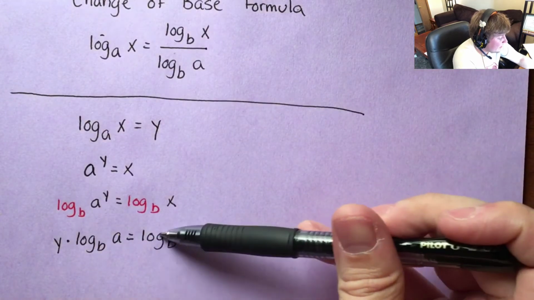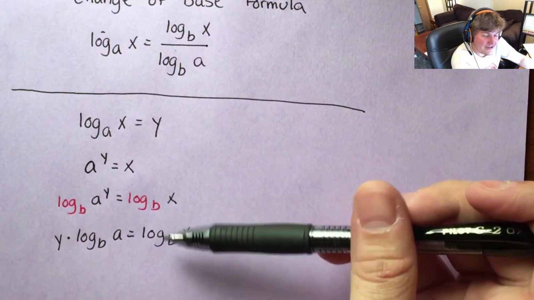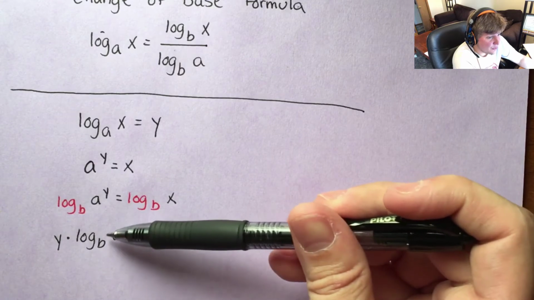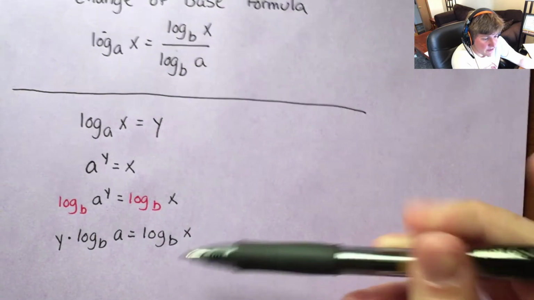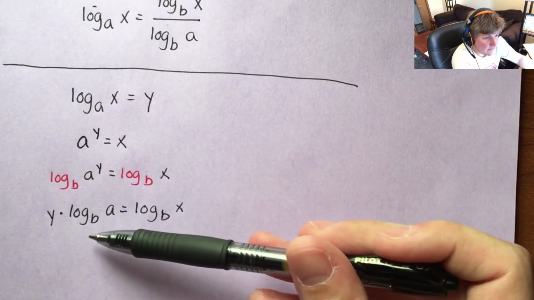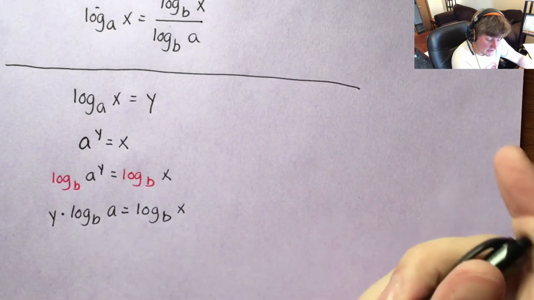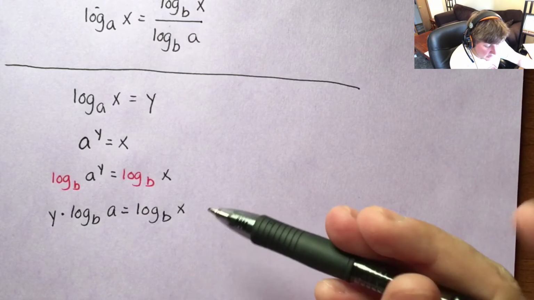And even though there's a lot of letters going on here, logarithm base b of a, if we knew what these numbers were, this would just be a number here. Same with this. So if I want to get the y by itself, that's just what I would like to do.